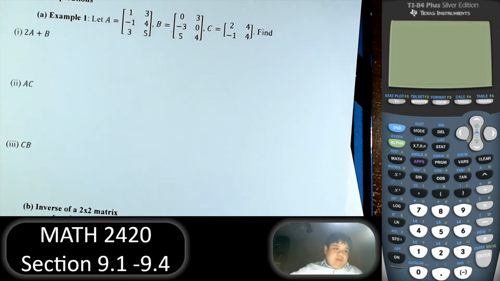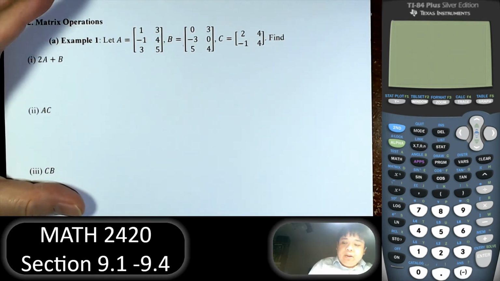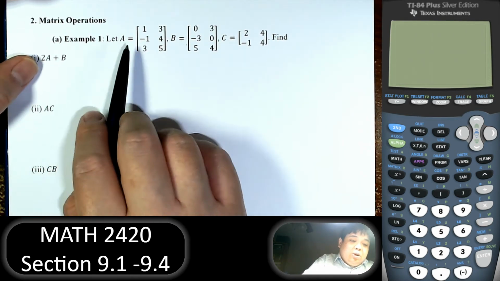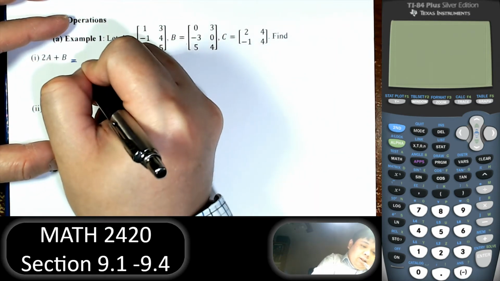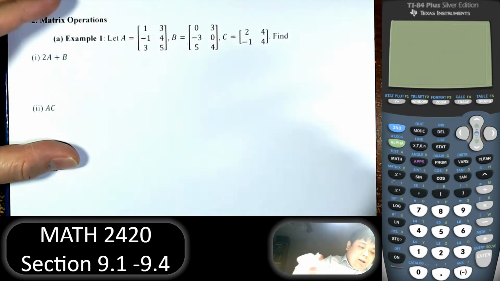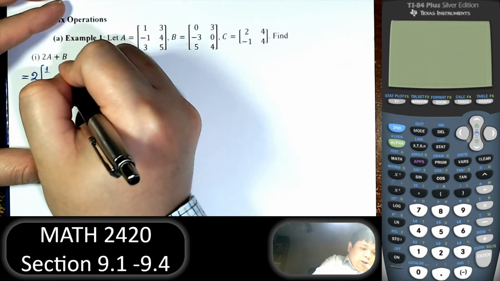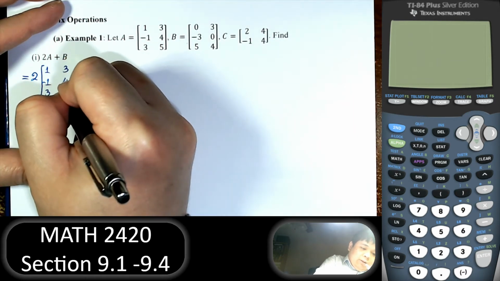Right. Now, what do we do when we have the matrix? So before we go any further, we have to know how to do some basic operations on matrices. So for example, if the matrix A is that, B is that, and C is that, let's do 2A plus B. 2A is going to be 2 times the matrix A, 1, 3, negative 1, 4, 3, and 5.